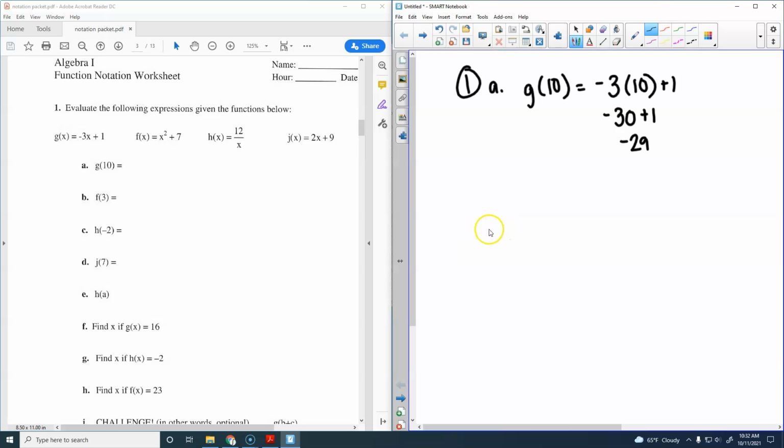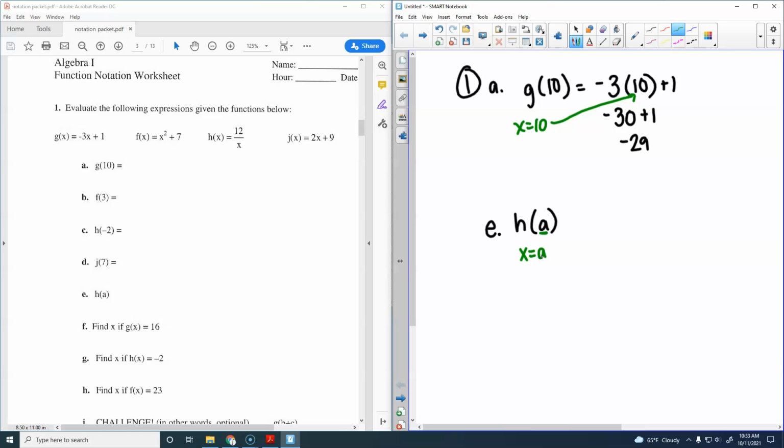Several of you are having questions, though, whenever you got down to E. E says h of a. Okay? So, whenever we plugged in 10, this meant that x equals 10. So I put the 10 where the x was at, right? So it still means the same thing whenever we see the a right here. It means x equals a.